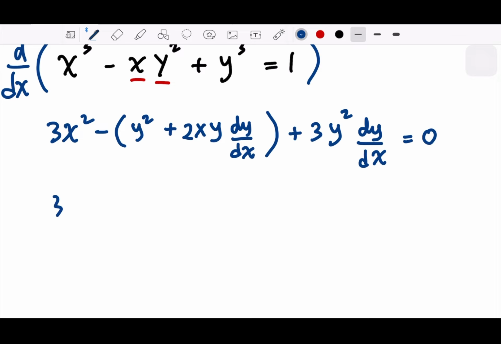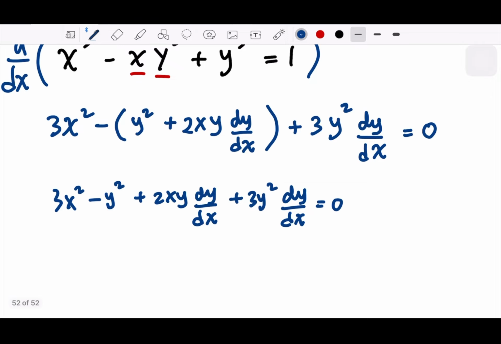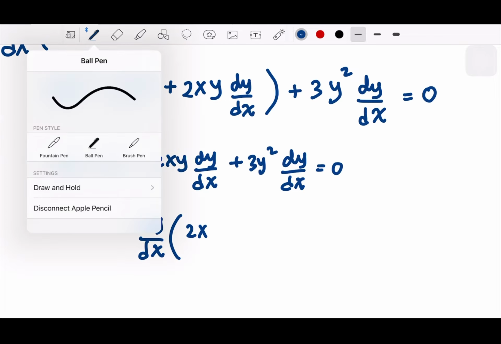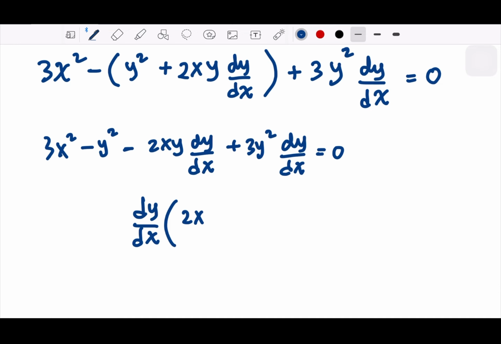Okay, let's take it slow. And we can take dy over dx, grouping all together. Maybe 3y squared first because it's positive, and then minus 2xy.